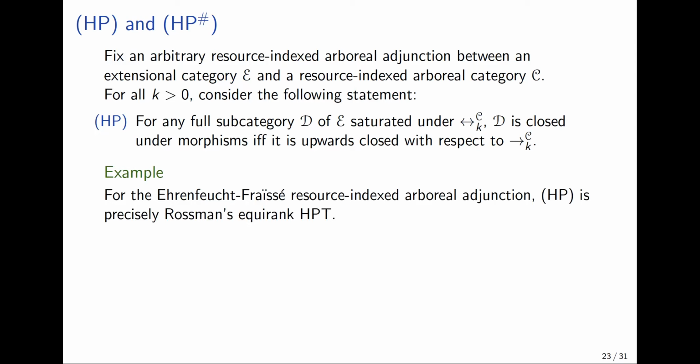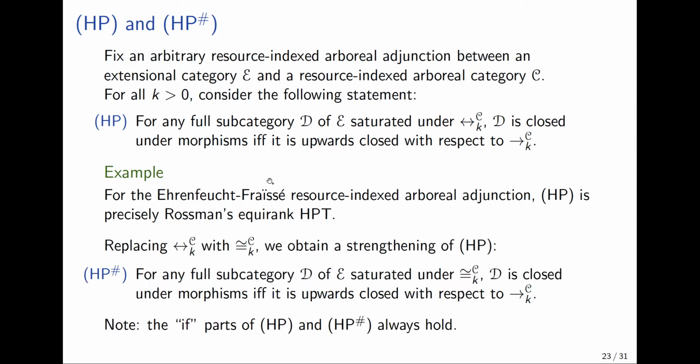In the case of the Ehrenfeucht-Fraïssé resource-indexed adjunction, this statement is precisely the statement of Rossman's equirank HPT, just stated in a categorical way. And then you can strengthen this HP statement by replacing K-bisimilarity with K-isomorphism. Right? You obtain a stronger statement HP sharp here.